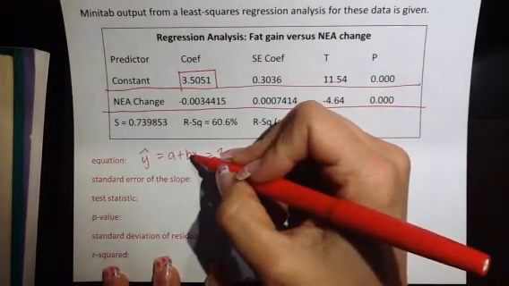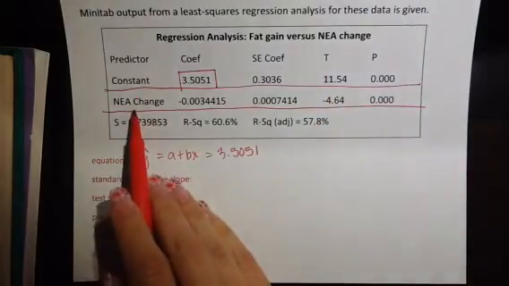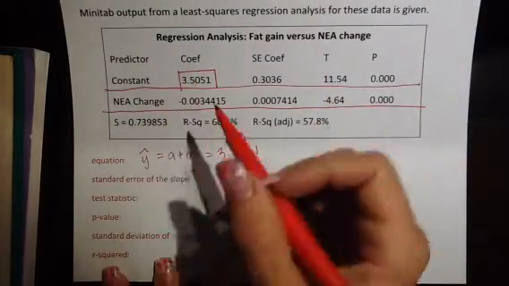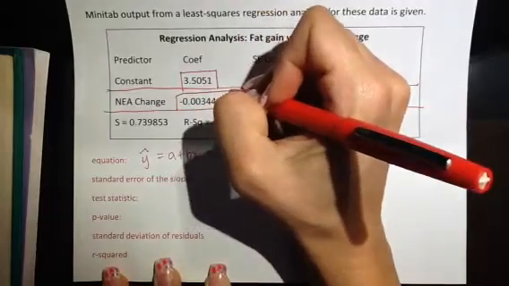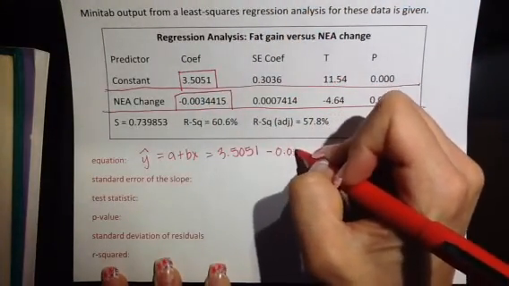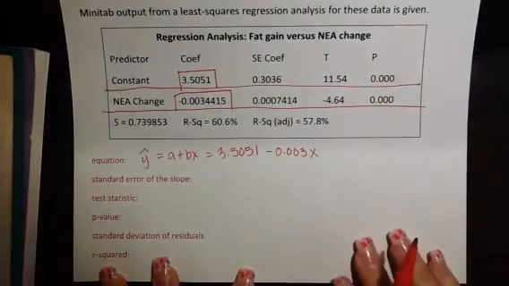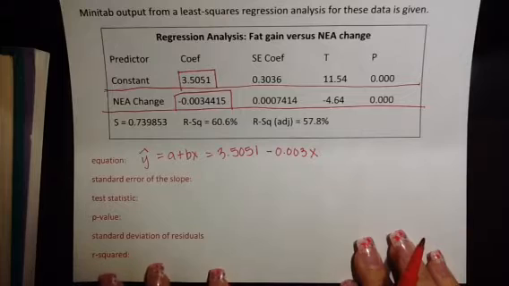Then b is our slope. Now notice that that is the coefficient for our variable. If this is our variable, then the coefficient for our variable is going to give us our slope. So that would be minus 0.003 x.